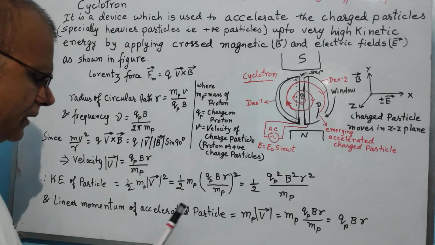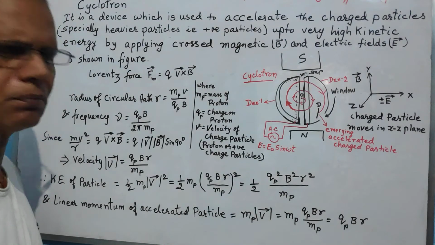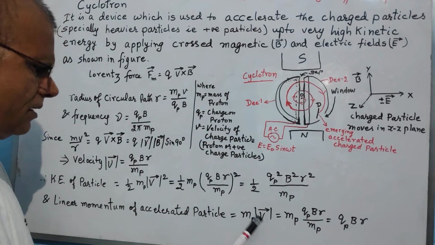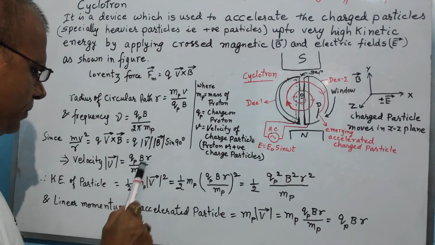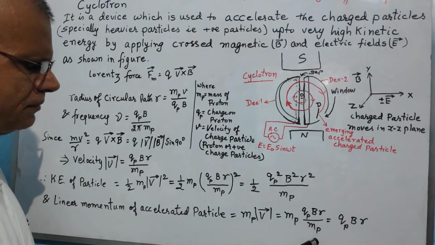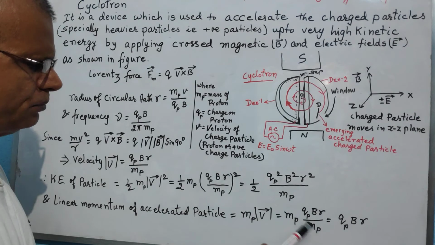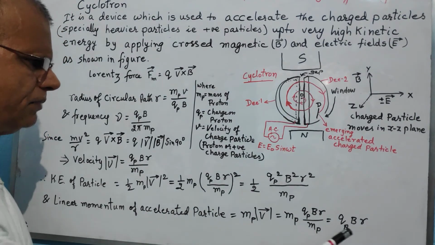The linear momentum of the accelerated particle will again be given by the product of mass and velocity of the particle, but the velocity we have already derived. Velocity is qBr by mp, therefore we get mp into qBr by mp, so the mp in the numerator and denominator cancel, that means linear momentum becomes qBr.